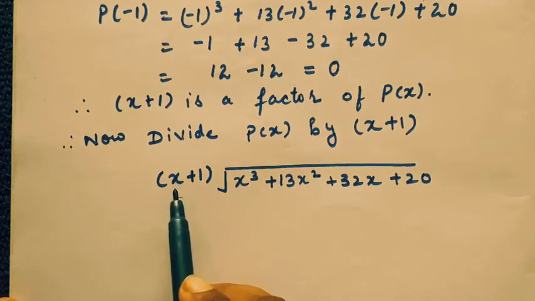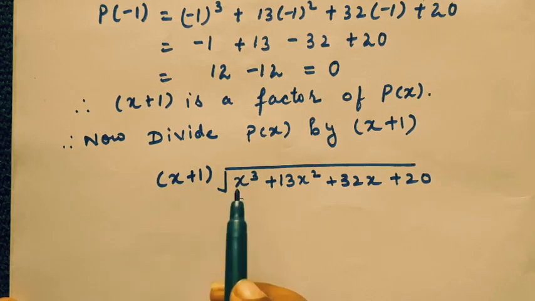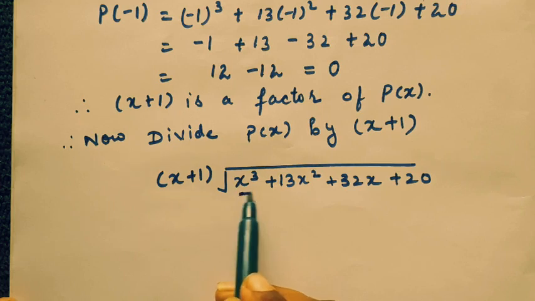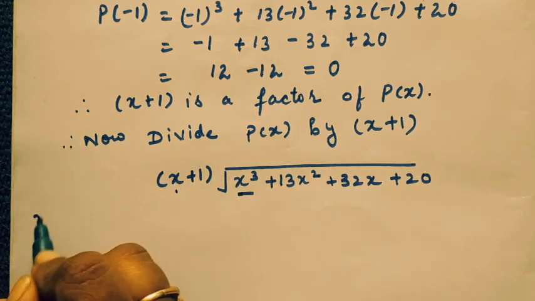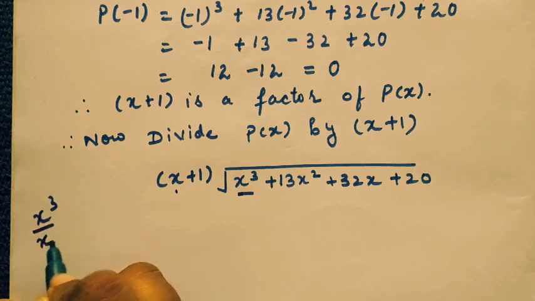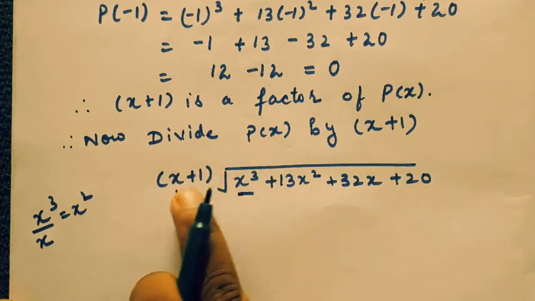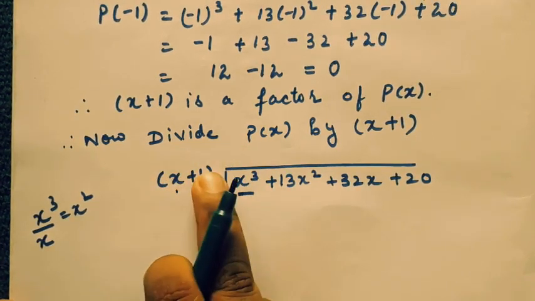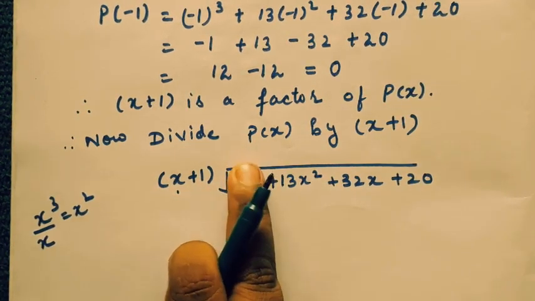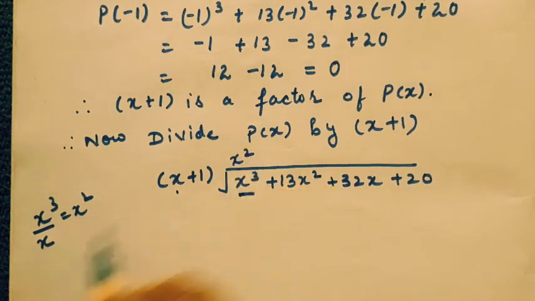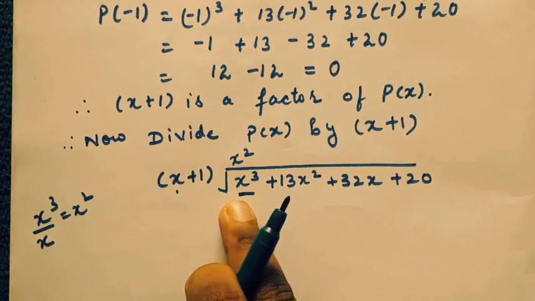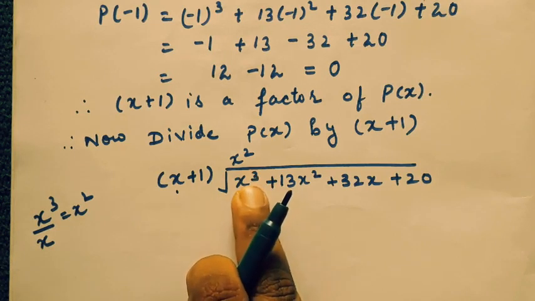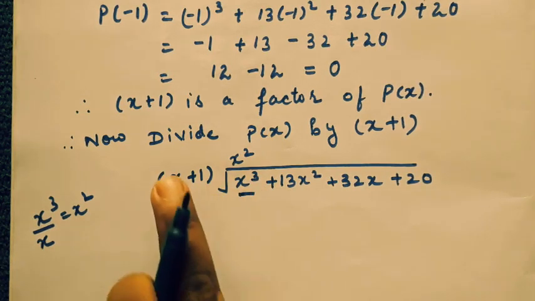See, first of all you have to divide the first term of the polynomial with this first term. x cube divided by x, I get x square, which means I have to multiply the whole term, x plus 1, with x square, so that I get the first term the same.